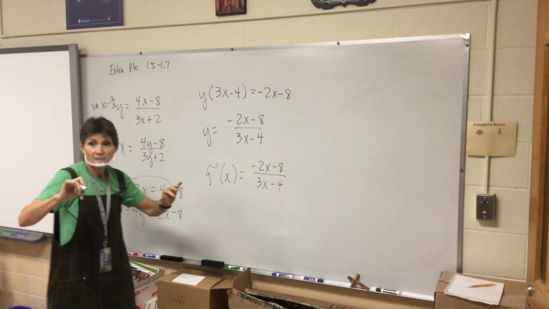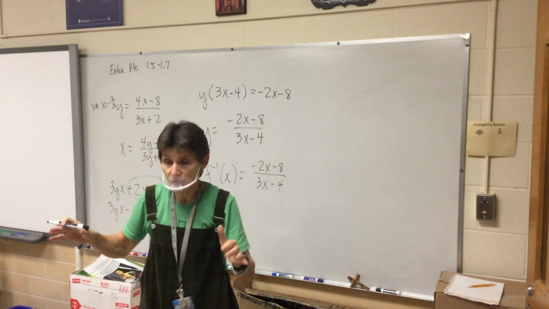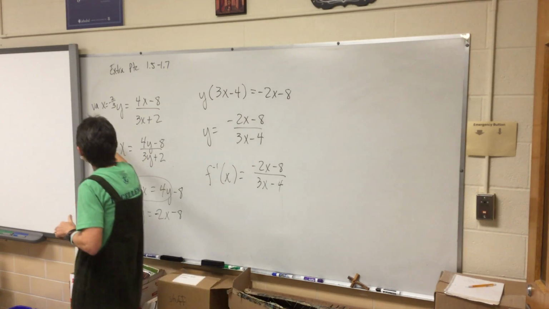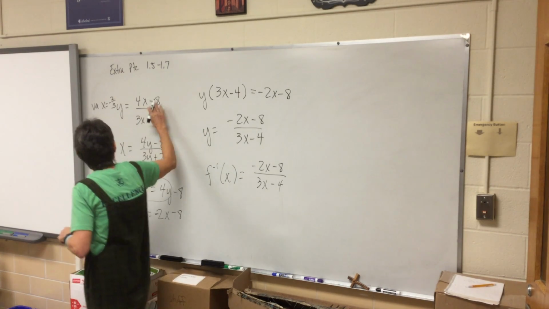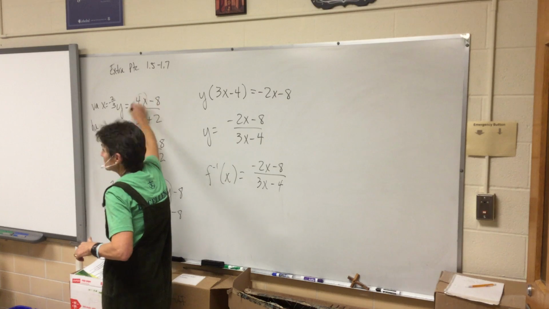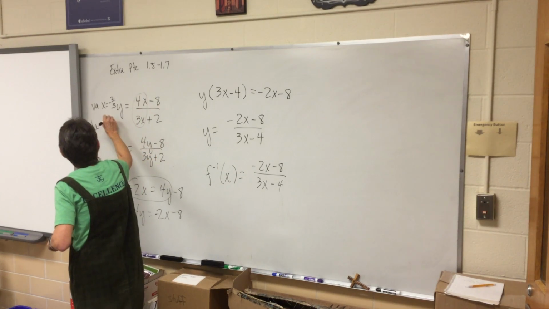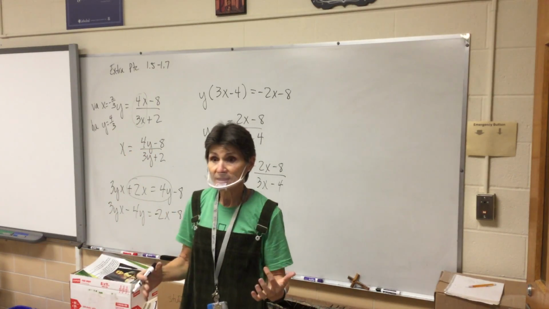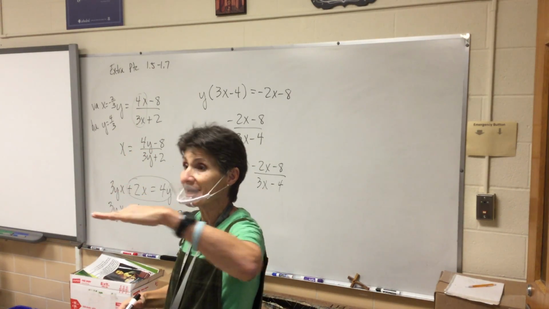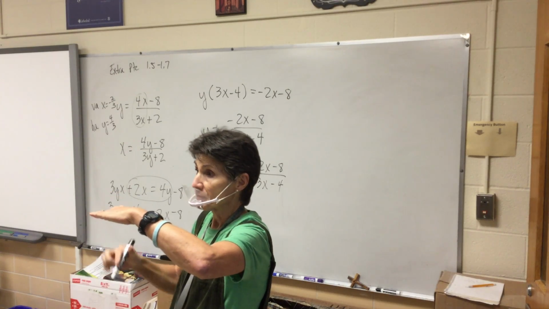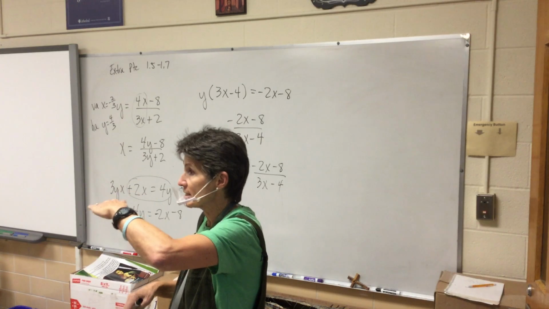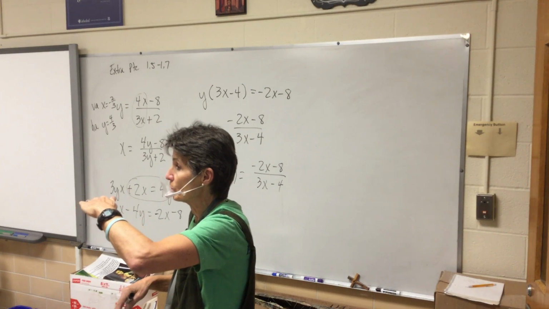So your domain is everything except negative 2/3, right? Where is the horizontal asymptote for this function? Y equals 4/3. So your range would be everything except 4/3. You've got a horizontal asymptote running across, and so you've got stuff up here and stuff down here, but 4/3 is not included. It's a horizontal asymptote.